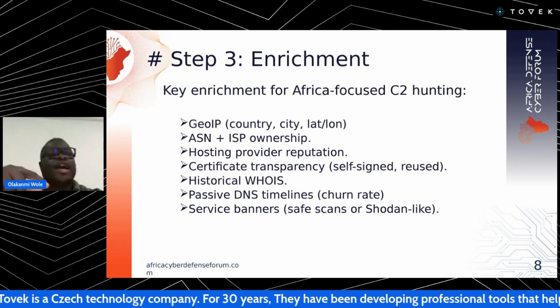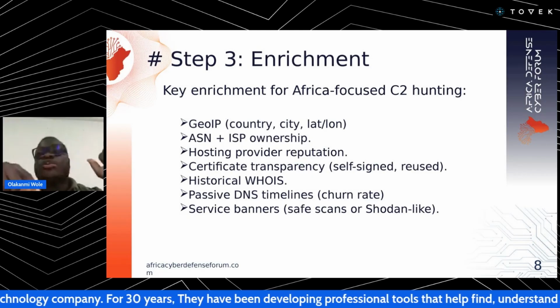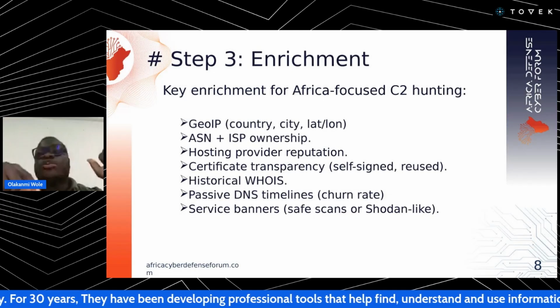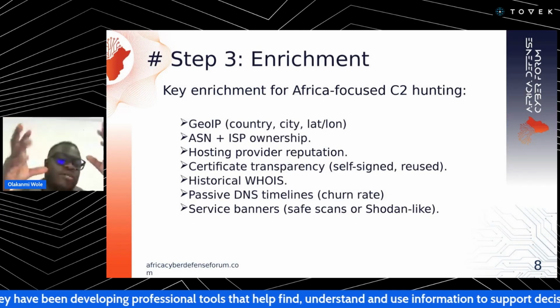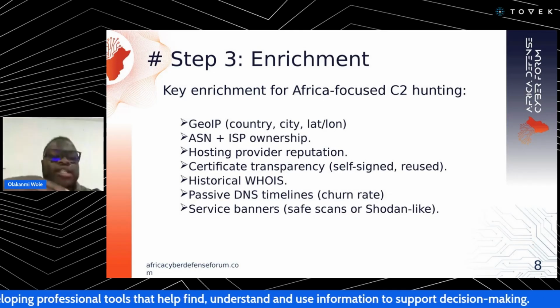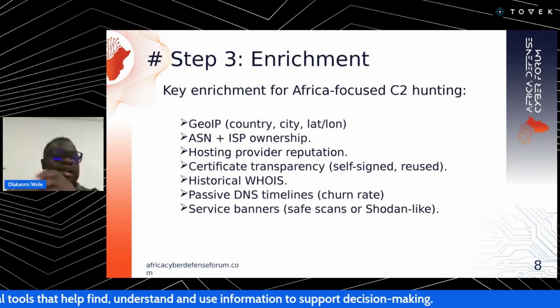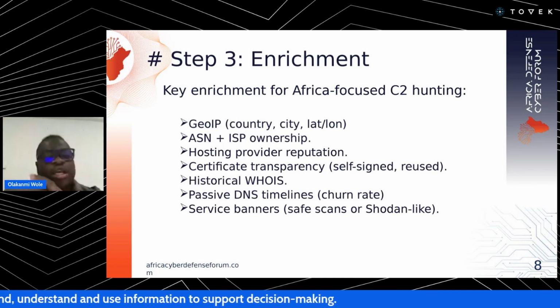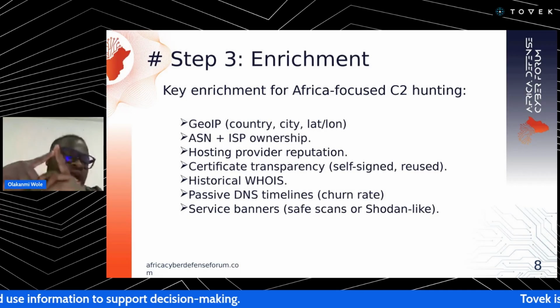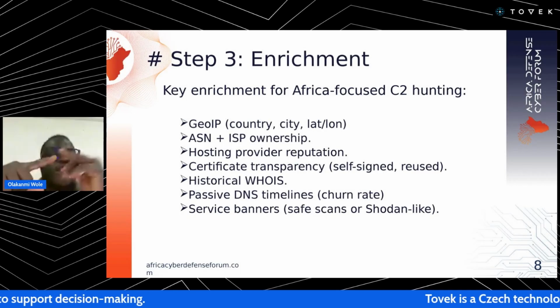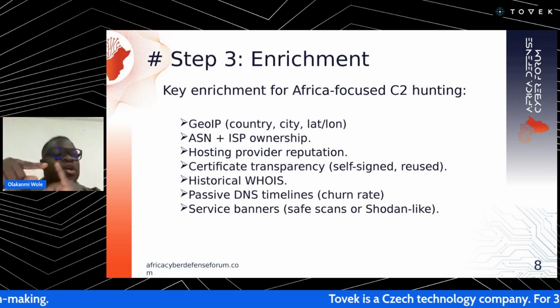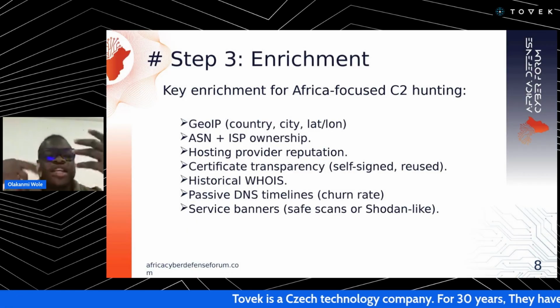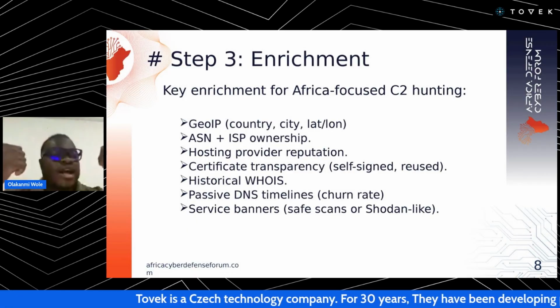You have a file hash, does it belong to a malware family? These are things that serve as enrichment to an indicator that you already have, right? So things like geolocation, ASN, hosting provider reputation, certificate transparency, historical WHOIS, passive DNS timeline, banners, and things like that.